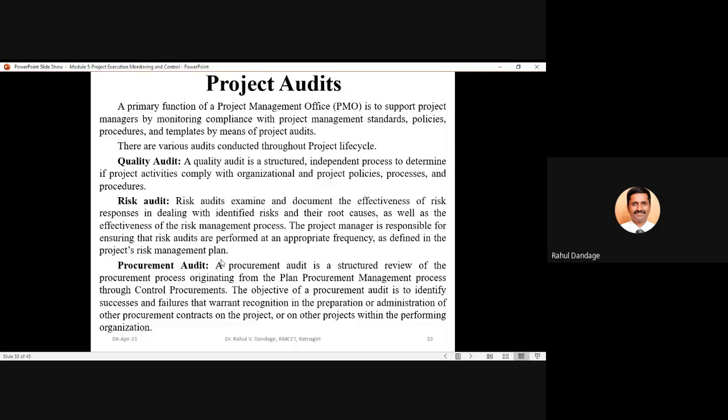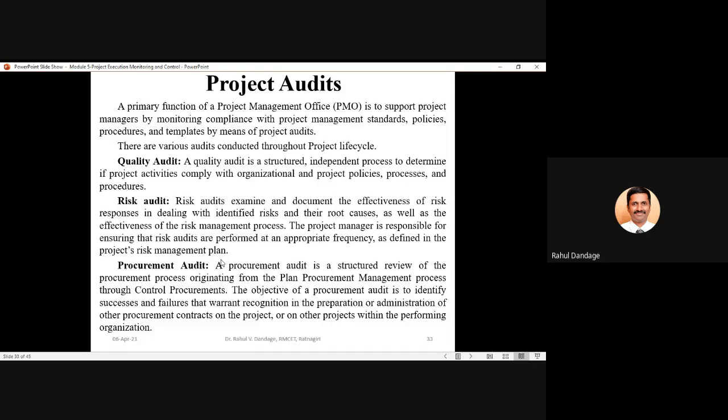Whenever we are considering the risk audit, in risk audit we are examining and documenting the effectiveness of risk responses in dealing with the identified risks and their root causes, as well as the effectiveness of the risk management process. So as we know, for any project, the risk management process involves identification of the risk, analysis of the risk qualitatively and quantitatively, and then responding to the risk.